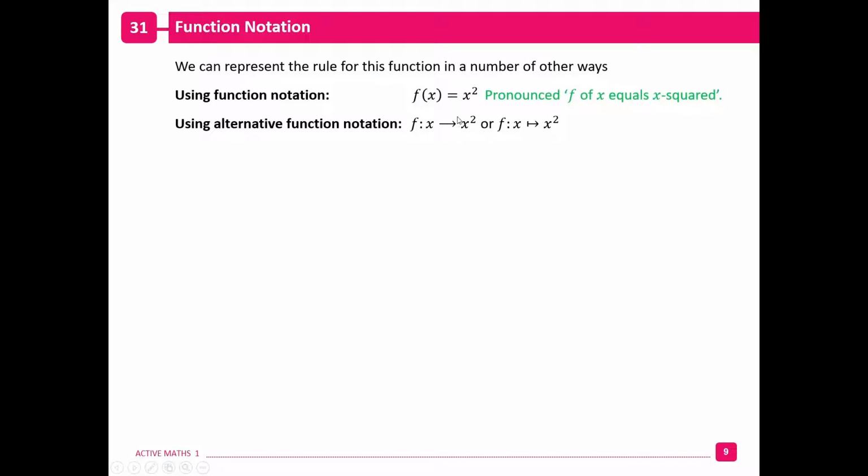So the rule is simply written after the arrow. So in our function f, our inputs are mapped to their inputs squared. So this first part is another way of writing the exact same thing as this above.